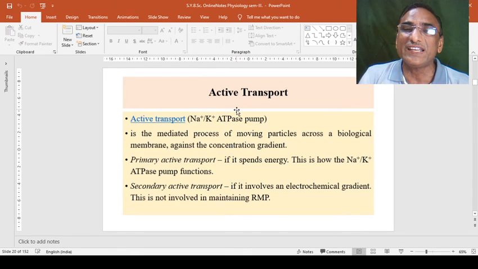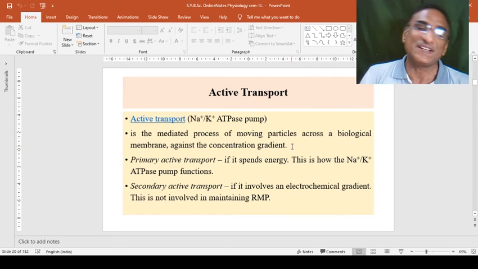ATP is the energy which is given for the movement of these molecules, and the action potential is activated. So active transport is the mediated process of moving particles across a biological membrane against the concentration gradient.